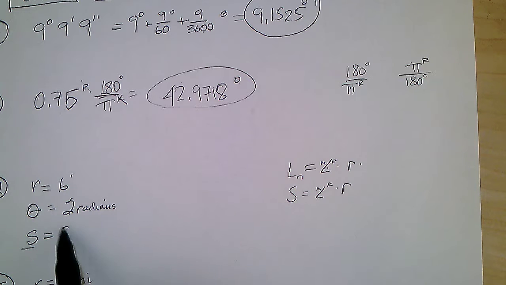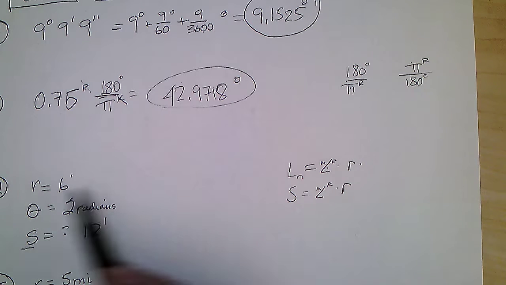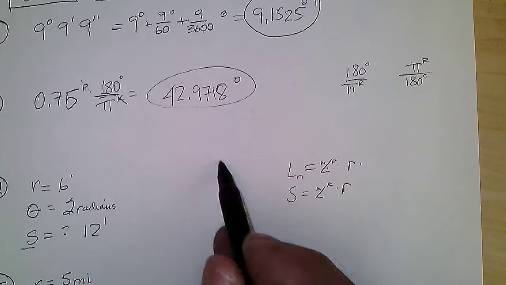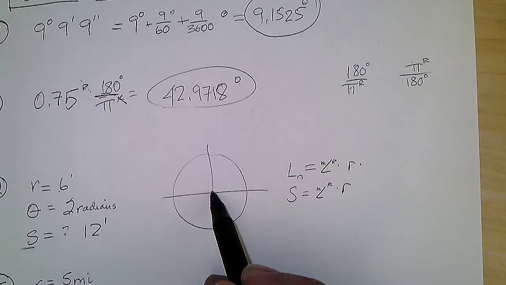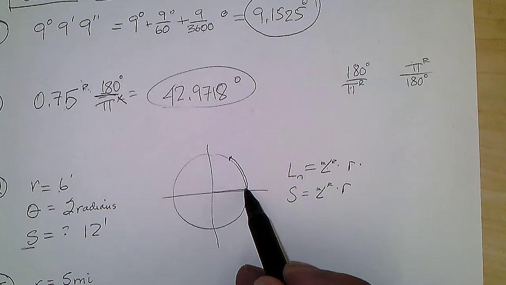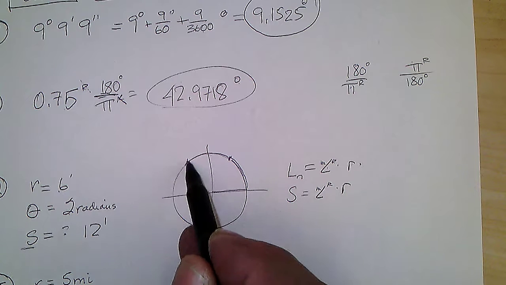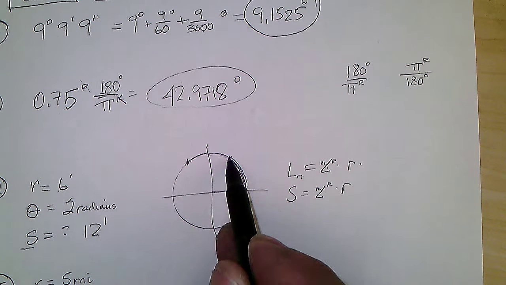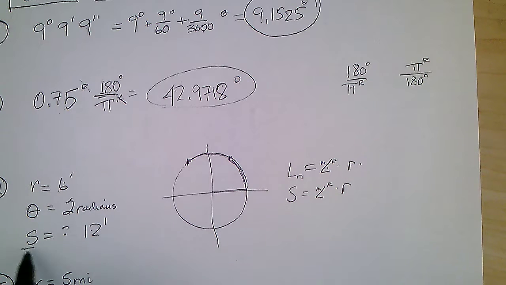So this is going to be 12 feet for the angle of 2 radians. Now think about that. It has to make sense because 1 radian is laying the radius on the arc of the circle, 1 radius. So if I'm doing 2 radians, the length of the arc is a radius plus a radius. 2 radiuses, 6 feet twice, 12 feet.